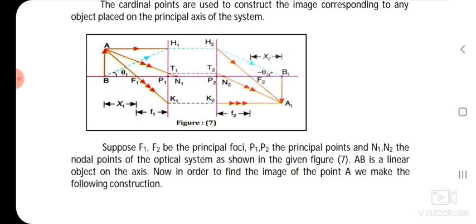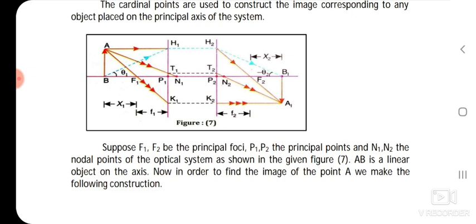By using these two triangles we have to show that A1B1 divided by AB is equal to F1 by X1 and X2 by F2. Then we are getting two equations.